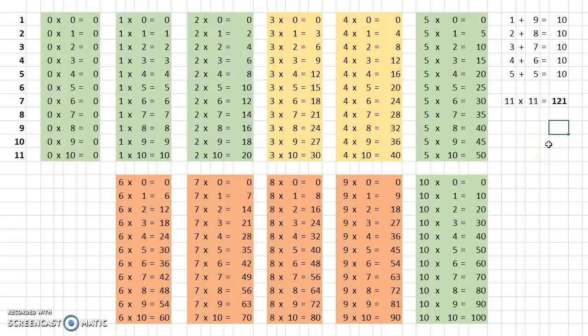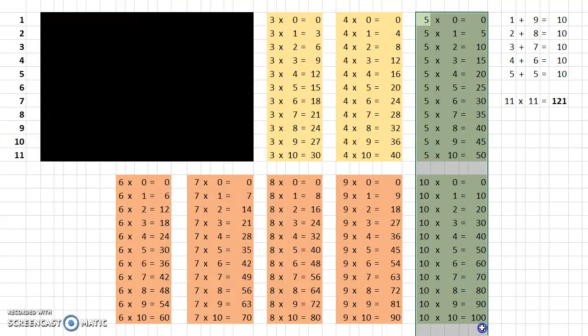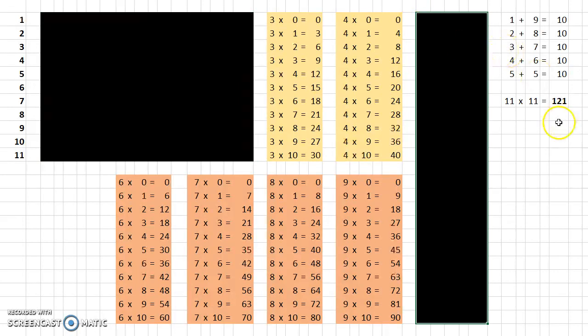So I'm going to assume that you already know them: the 10s and the 5s, the 2s, the 1s and the 0s, easy, right? So I'm going to gray those out, and let's not focus on these easy ones, as I'm just going to assume you know them already.